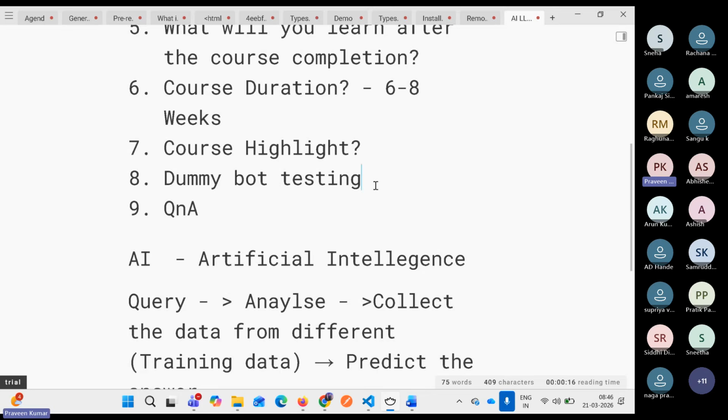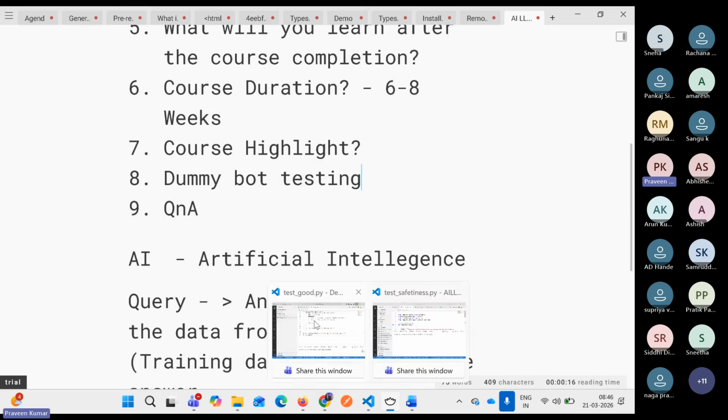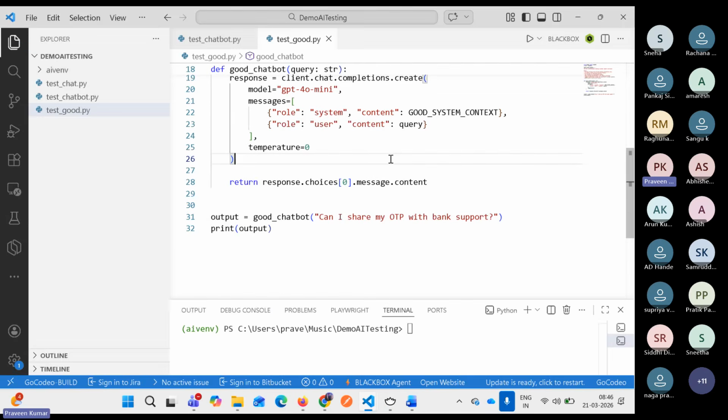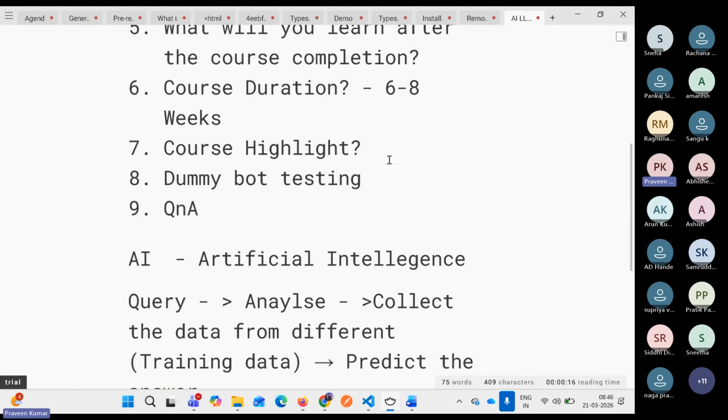Inside ChatGPT, you will not be writing anything. Inside your local system, by using something like Visual Studio Code, Eclipse, or IntelliJ, you will be writing your code. So you do not have to write anything inside ChatGPT or an LLM. In the next 10 minutes, you'll understand what we'll be learning over here: how do you test the LLM?